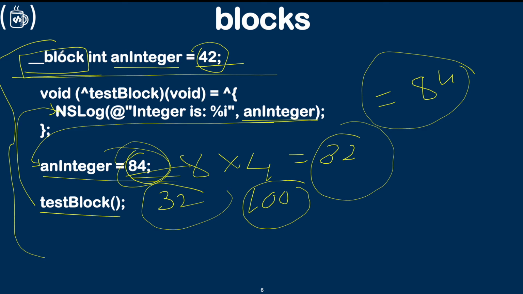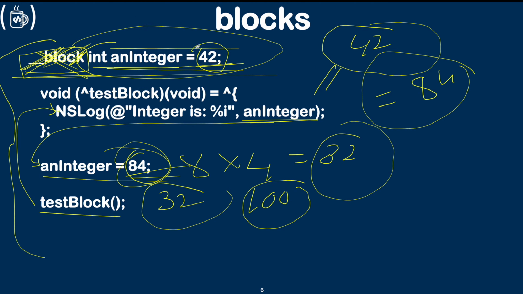If suppose I am not writing this and just simply write this one, at that stage the value will be 42, because the block will treat this part of code as a constant.